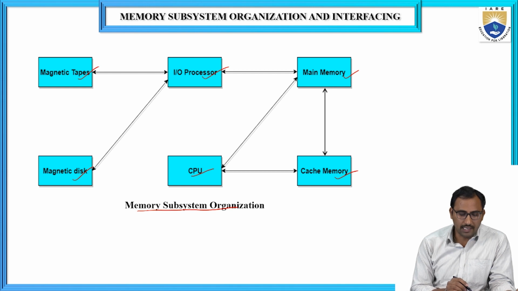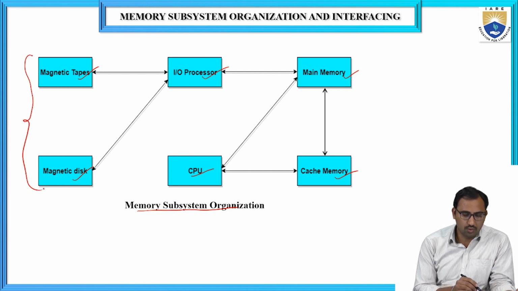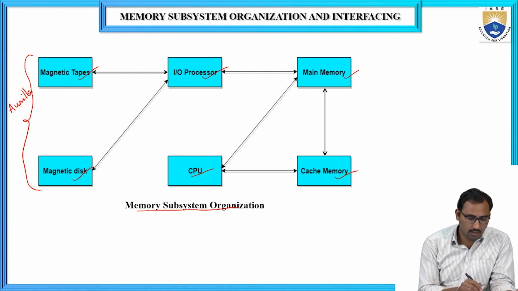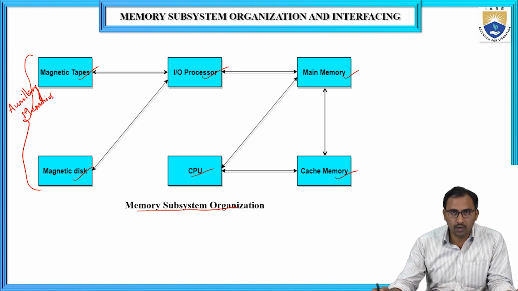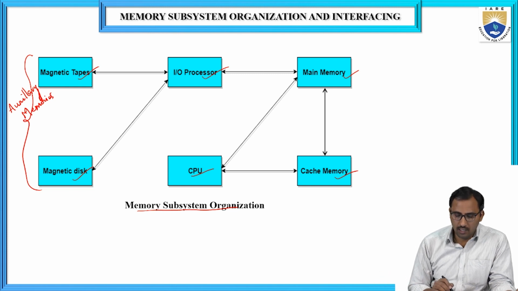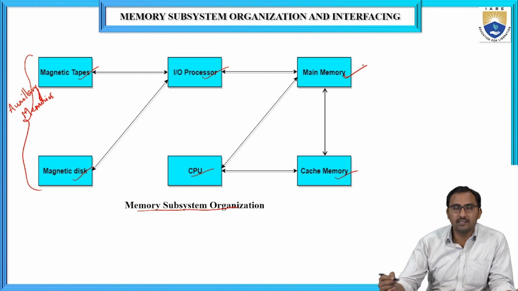These two, magnetic tapes and magnetic disks, are auxiliary memories. Already we have seen why we are using the auxiliary memory. Auxiliary memories are used for backup purposes. And the main memory is the memory which can directly communicate with the CPU. That is called main memory.